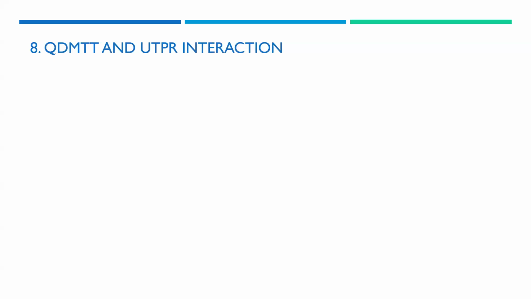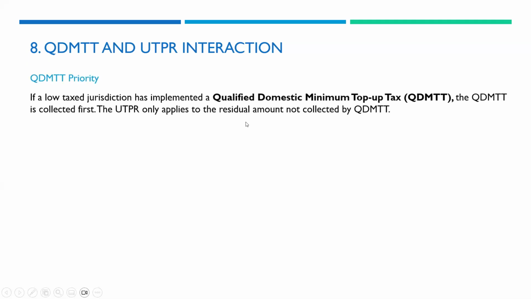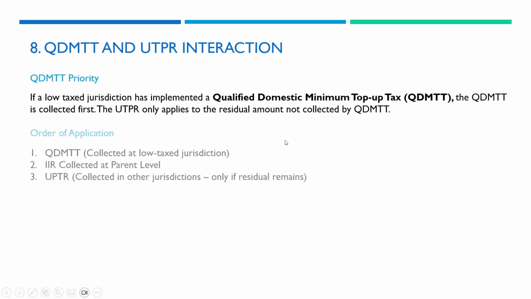Now things will change a little bit if there is a QDMTT in those LTCEs. If there is a minimum top-up tax, then QDMTT will take priority. The order of application will be: first, in the low tax jurisdictions, QDMTT will apply. After that, IIR will be collected at parent level, and after that, UTPR only for the residual. This would be the hierarchy going forward.